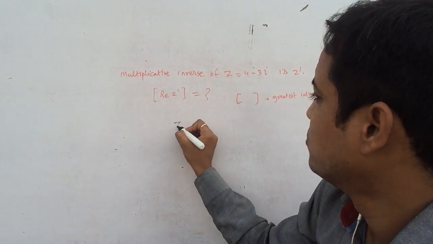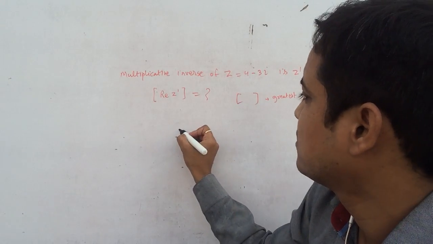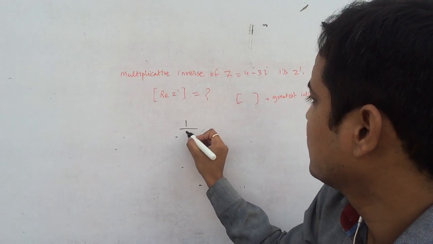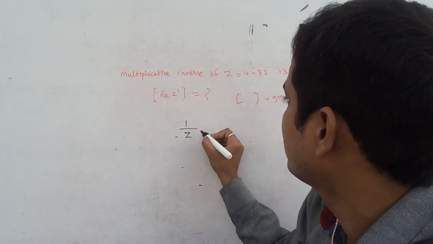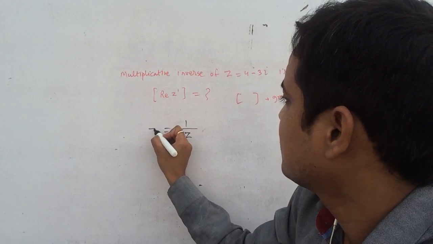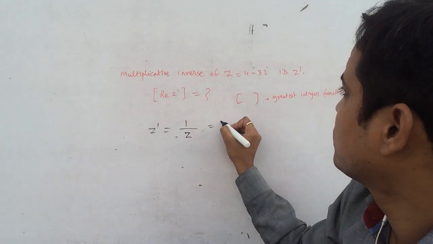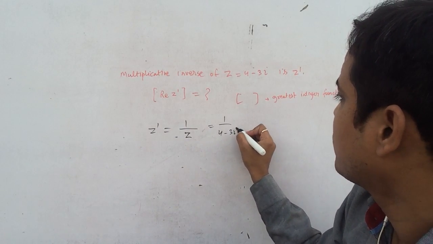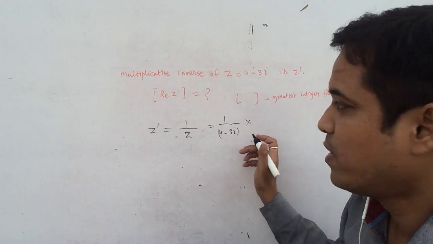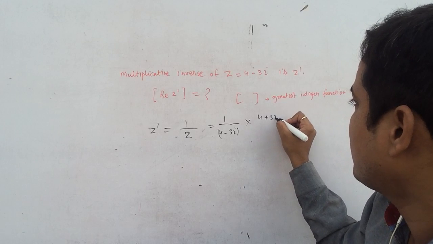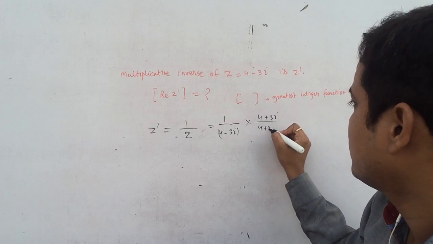The multiplicative inverse of Z is 1 upon Z. So Z dash equals 1 by Z, that means 1 upon 4 minus 3 iota. Rationalize with the conjugate of the denominator: 4 plus 3 iota upon 4 plus 3 iota.